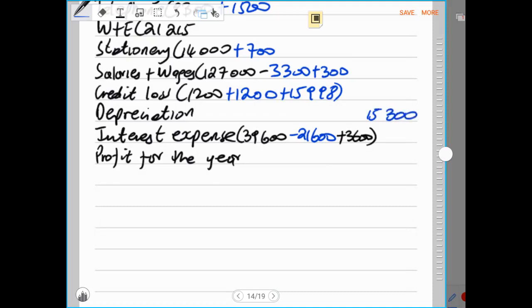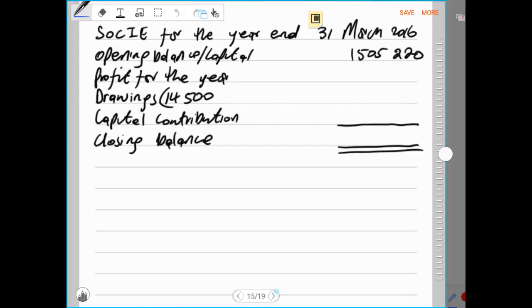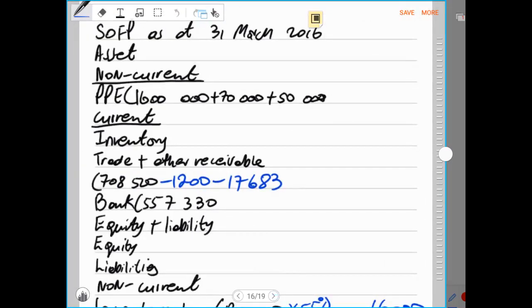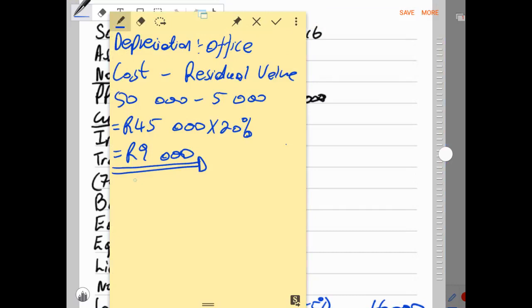15,300 rands. Then now we have to add the depreciation that we have, because we have the depreciation of total 15,300 plus, or in fact, plus 7,000 plus 9,000.